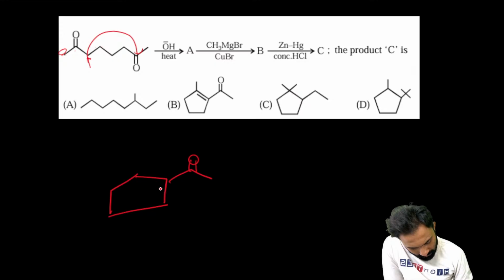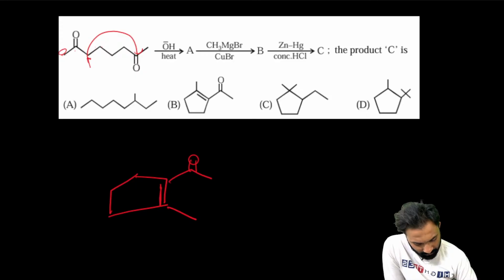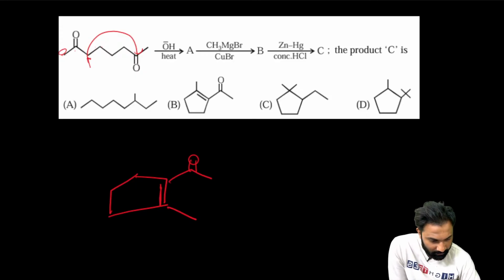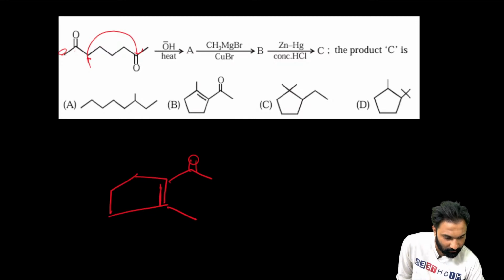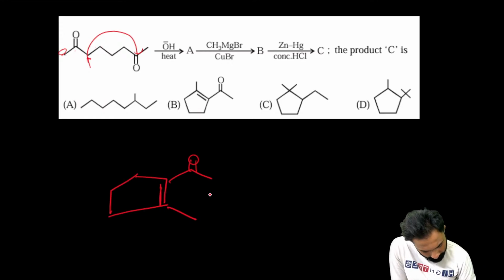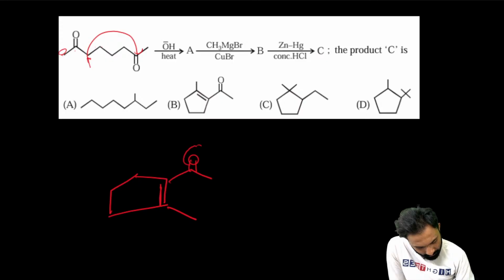Now this is an alpha beta unsaturated carbonyl compound, and one methyl is there. Which position? At the second position we are having the methyl. Now this upon methyl magnesium bromide, this is A, and here it will become the Br.